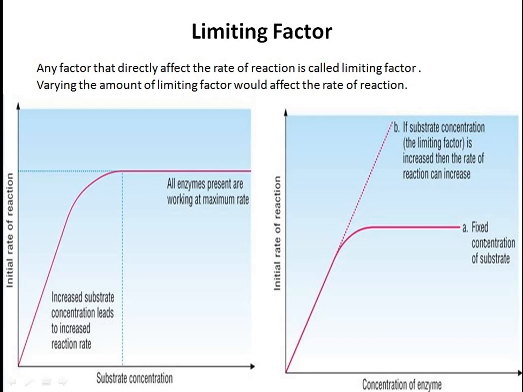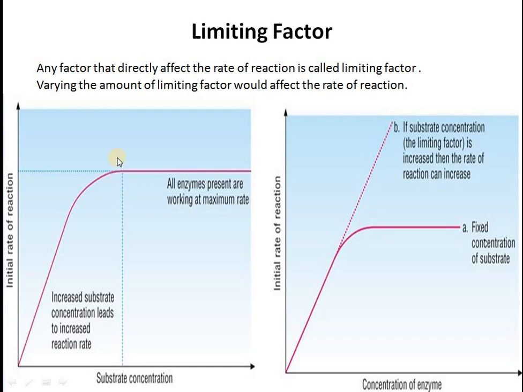If you see in the first graph, I have taken substrate concentration on x-axis and rate of reaction on y-axis. Whenever we are taking any variable on x-axis, it means that it is present in unlimited amount. We have ample amount of substrate. So now what is the limiting factor?